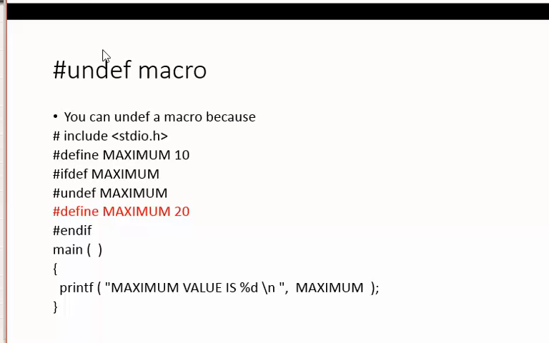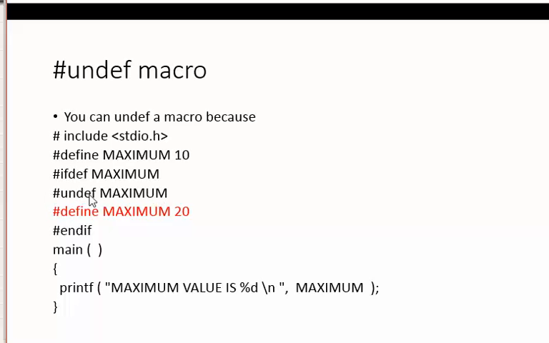You can also undefine a macro. Let's say somebody defined a macro and you want to redefine that macro. Then you say, in this case, for example, I've defined maximum equal to 10, and I'm checking here ifdef, that means if there is a maximum macro defined, then undefine that.